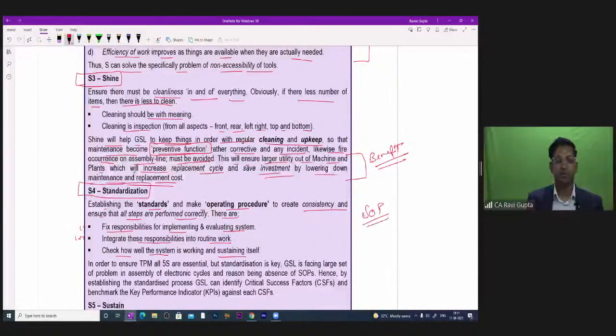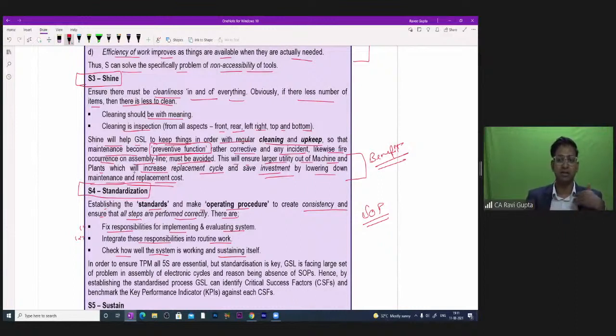What are those SOPs? Generally, the SOPs are the guiding factors, the guiding path, which tell us how we have to operate to the standard. What should be the standard work in this situation? So establishing the standards and making the operating procedures, that is SOPs, to create consistency.